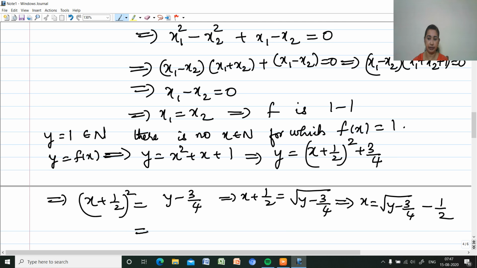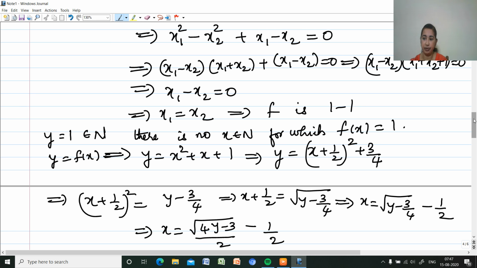That can be written as x equal to root of 4y minus 3, whole divided by 2, then minus 1 by 2.